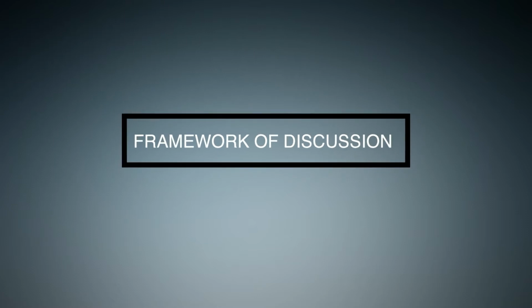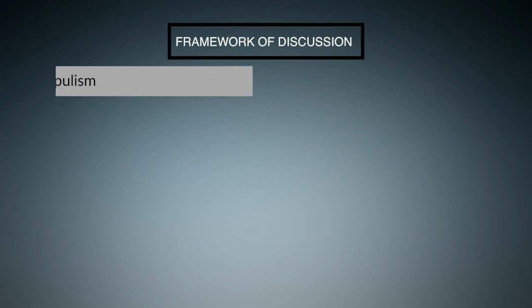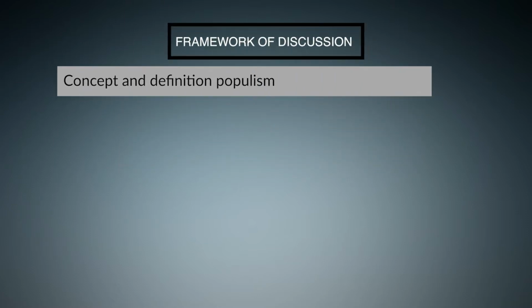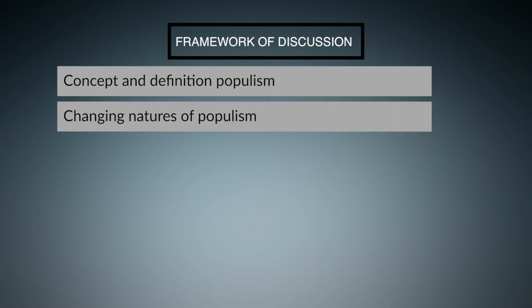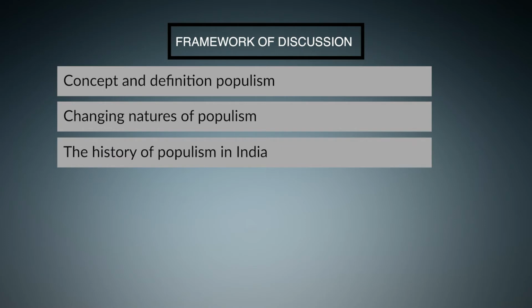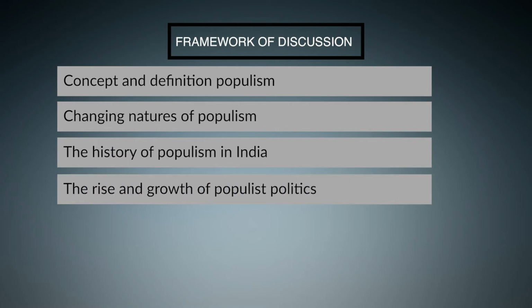The framework of our discussion would be: we will conceptualize the meanings of populism, the changing nature of populism, the history of populism in India, and also the rise and growth of populist politics in the pan-Indian scenario.